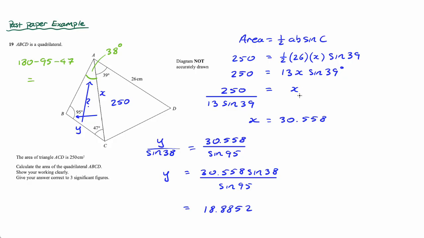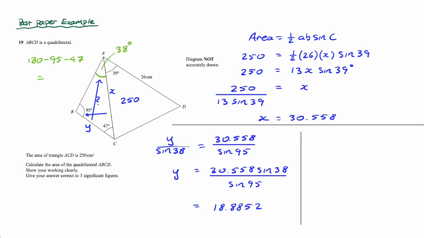Let me just put, guys, a line down here because I'm about to do my third little bit of working. I might even do this. So first working to find x, second bit of working to find y, and then finally area equals, so the area equals, I need a half AB sine C. So it's a half x times y, so I've got x and I've got y, and then sine 47.